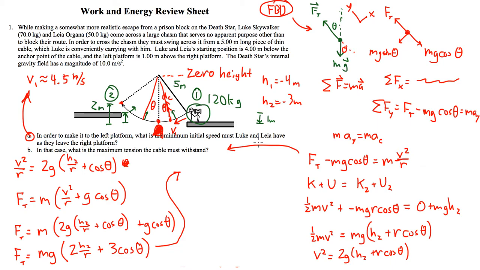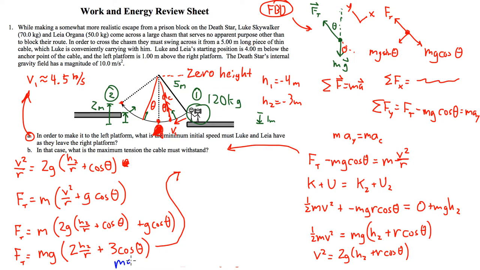So hang on. I feel like I'm not doing this right. Wait a minute, have I screwed this up? Oh, because h2 is a negative number, right? So this is maximized.